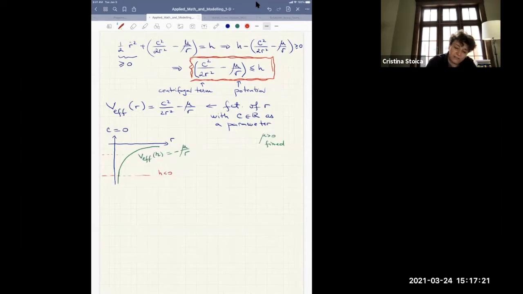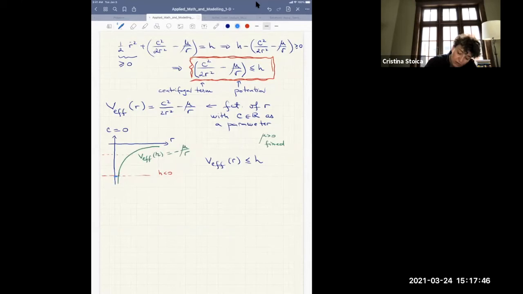So what is the range of motion? Where is R allowed to be? Remember, we have this inequality: V effective has to be under H. So if the level is down here, the allowed interval of motion is here.